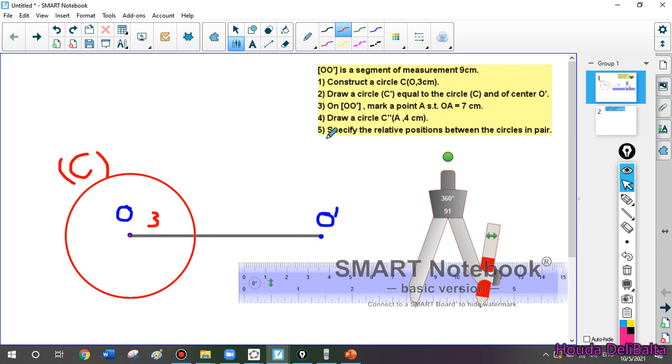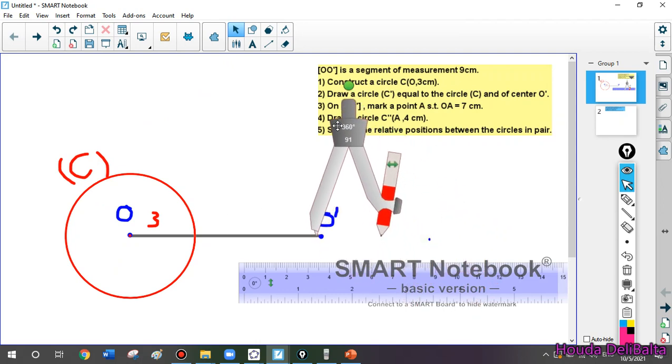Now in part 2 I need to draw a circle C prime that's equal to the circle C but of center O prime. So I will draw another circle that's equal to that red one but of center O prime. So I keep the same opening for the compass because they are equal circles, so they have equal radii.